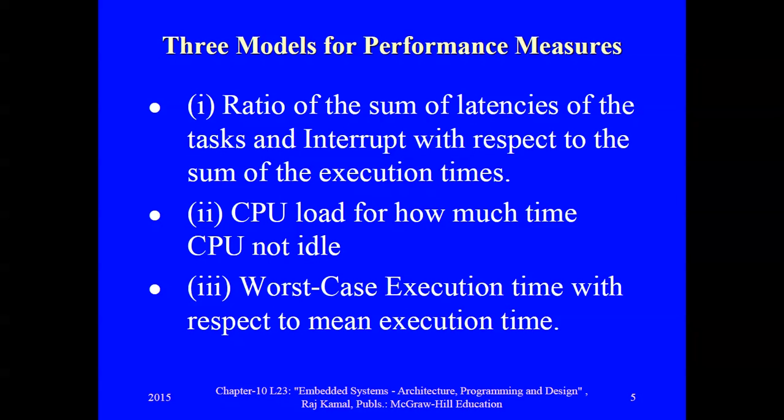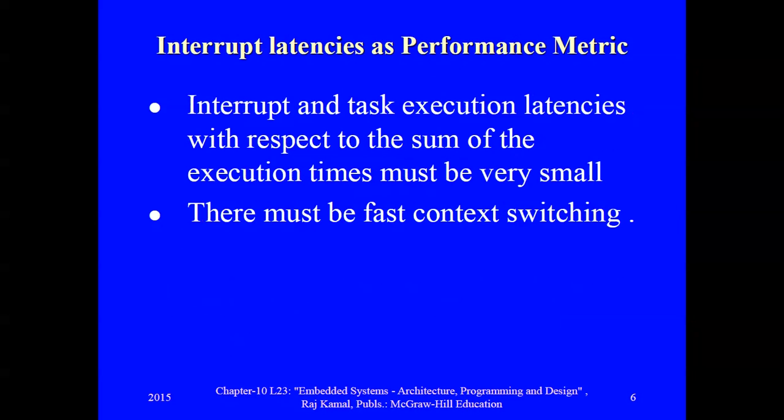The three models for the performance measures are: first, the ratio of the sum of latency of the task and interrupt with respect to the sum of execution times; second, CPU load, for how much time the CPU is not idle; and third, the worst case execution time with respect to mean execution time.